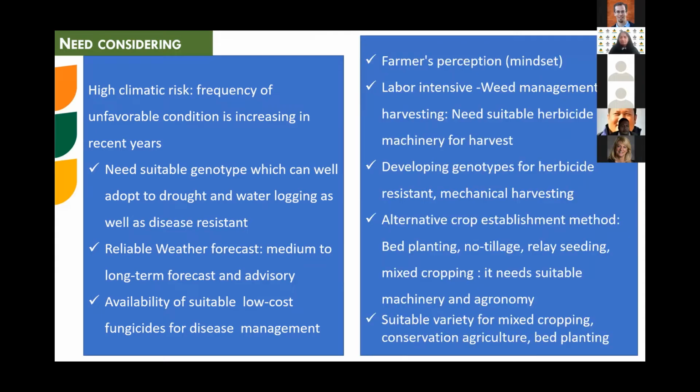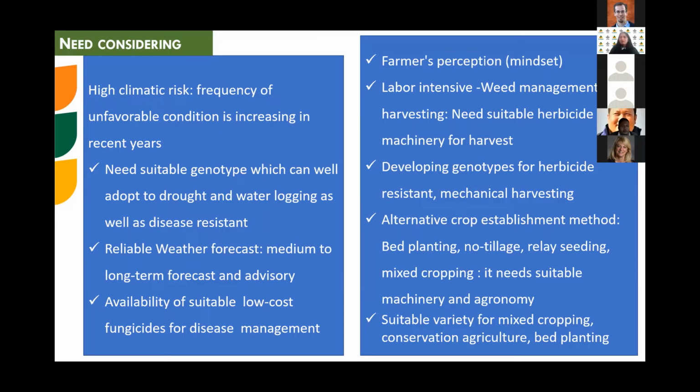And again, not only from a technical perspective, we also need to work from a social perspective, to change the mindset of farmers, even in a good year, as I mentioned before. It is also labor intensive, especially for weed management and harvesting. We need suitable herbicide and machinery for harvest.